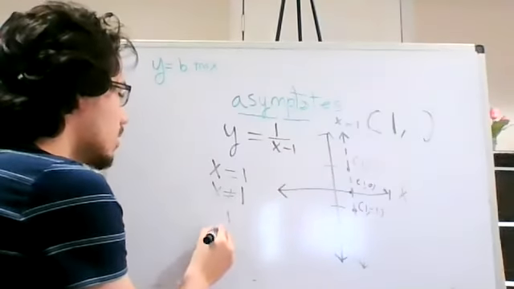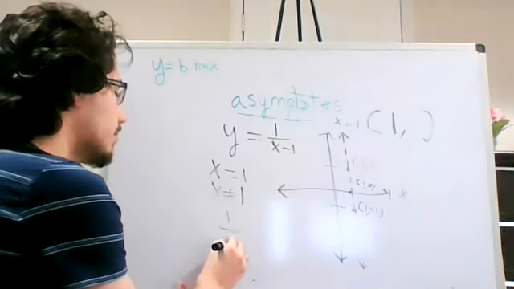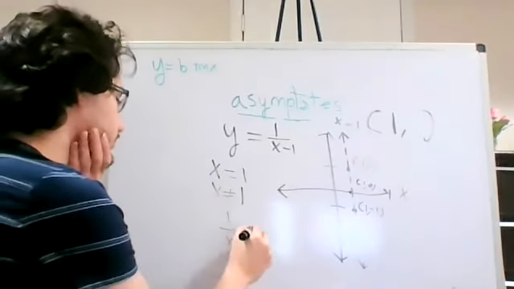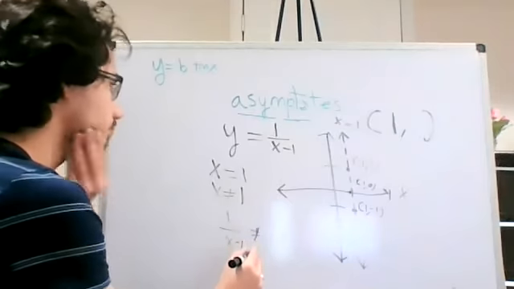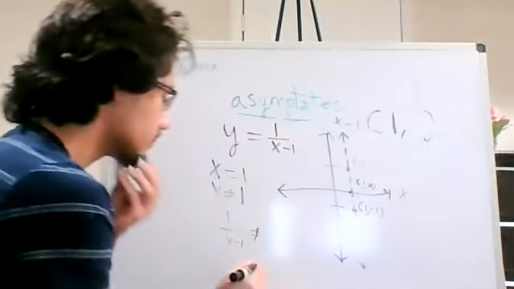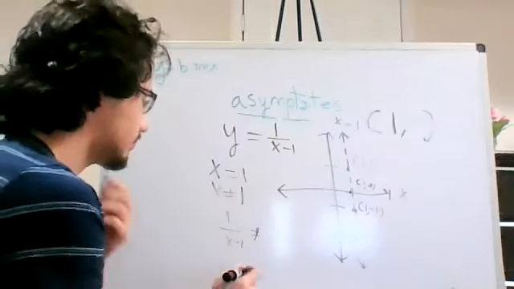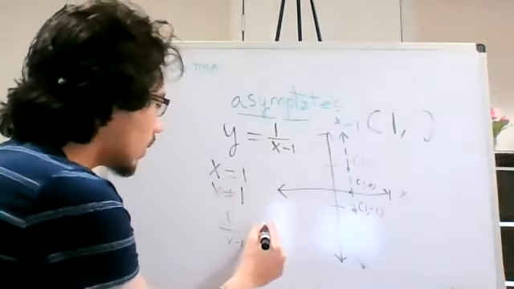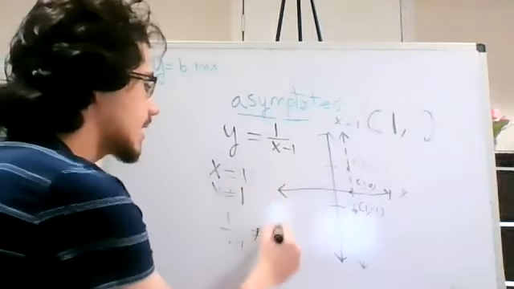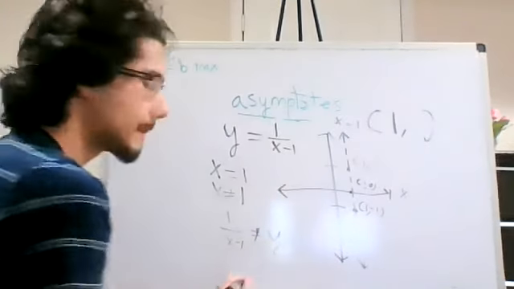So 1 over x minus 1 cannot be something. Whatever this something is, in this case, we'll just say it's y.